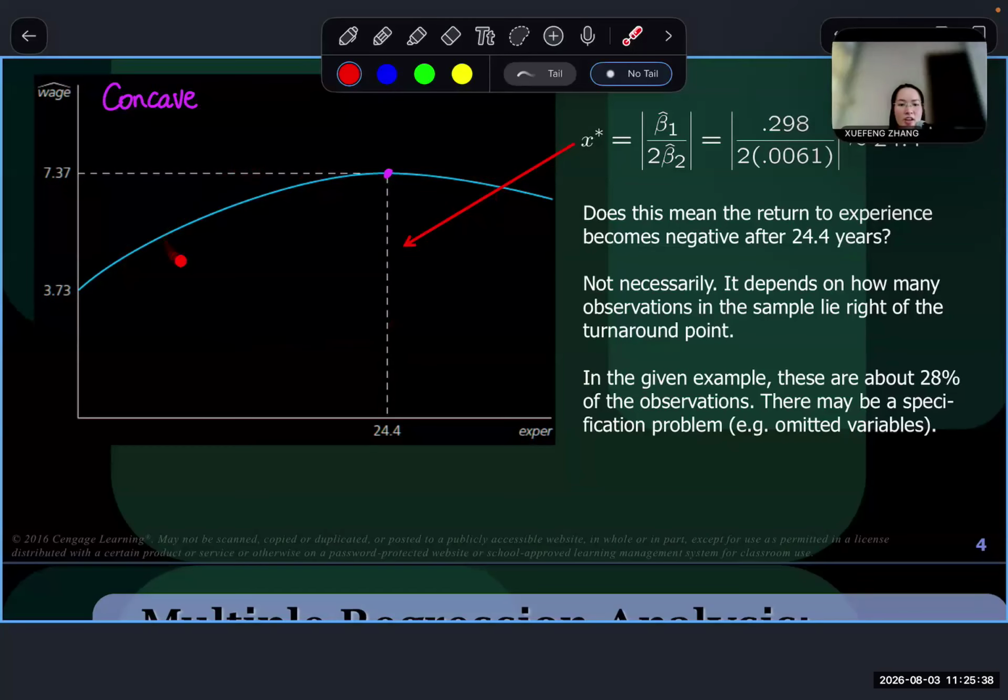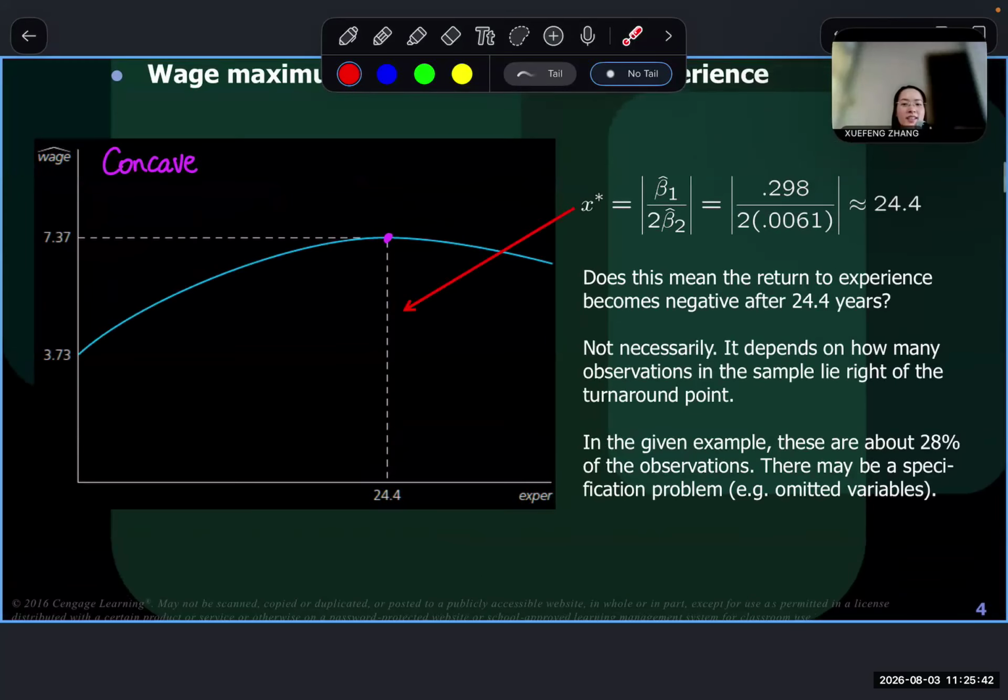This is just geometry. The model doesn't know anything about careers or labor markets. It's simply the best fitting curve given the data, right? The fitted model is not an economist. It doesn't know how to explain, but you guys know, okay?